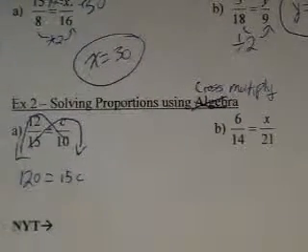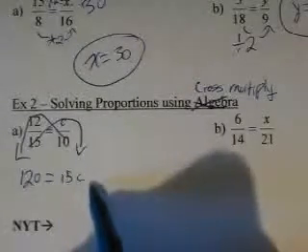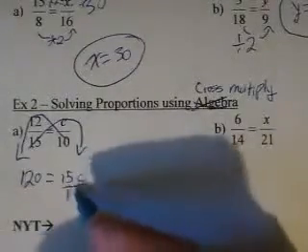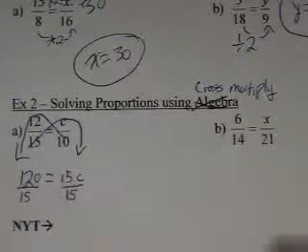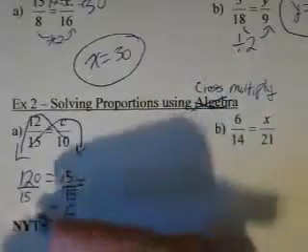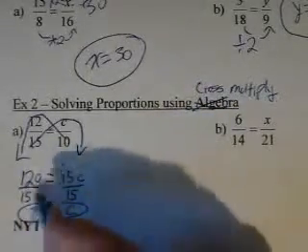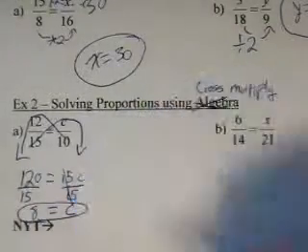And if you remember from many chapters back, the way you solve this is if this says 15 times C, you have to do the opposite. You have to divide by 15. Divide by 15. And when you do that, C equals 8. 120 divided by 15 equals 8. And on this side, the 15s cancel out.